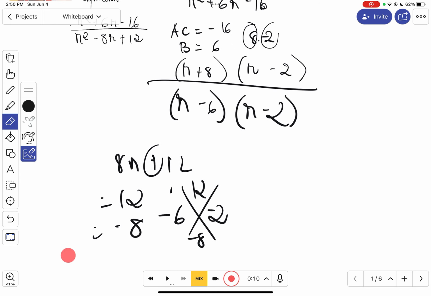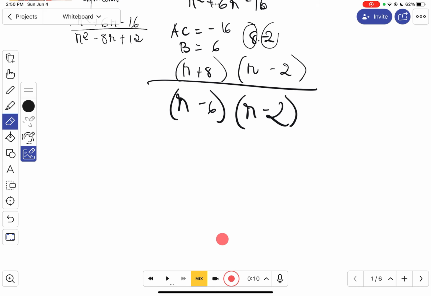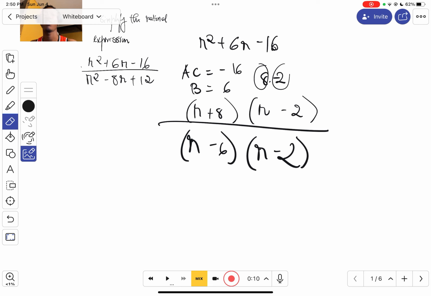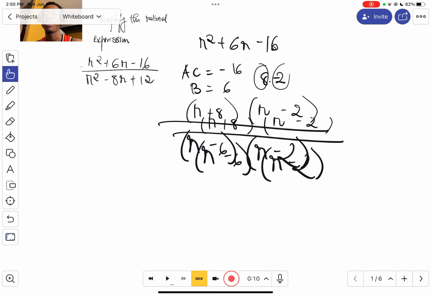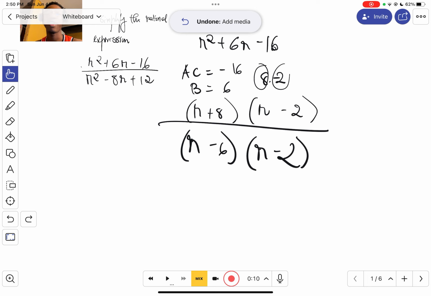So we factored the first section of the fractional expression, the numerator, and the second section, the denominator. Right now we will simplify the expression that we have. In order to simplify, we're just going to cancel out the like terms. The like terms are the terms that we find at the top and at the bottom at the same time.